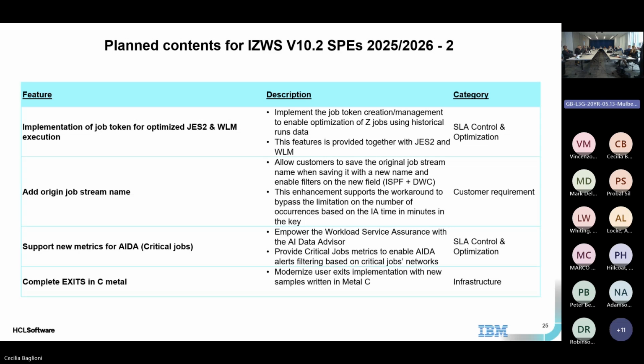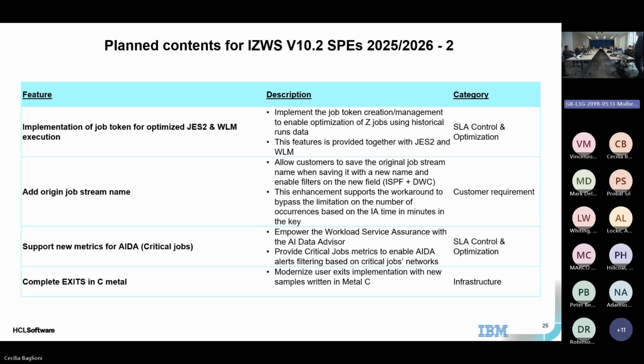It uses the same conventions as assembler, so basically we don't need to change the exits. We just need to provide samples to use them with Metal C, and we already delivered a few of these. We are going to complete the list of all the exits that we have. So this is also to enable modernization.